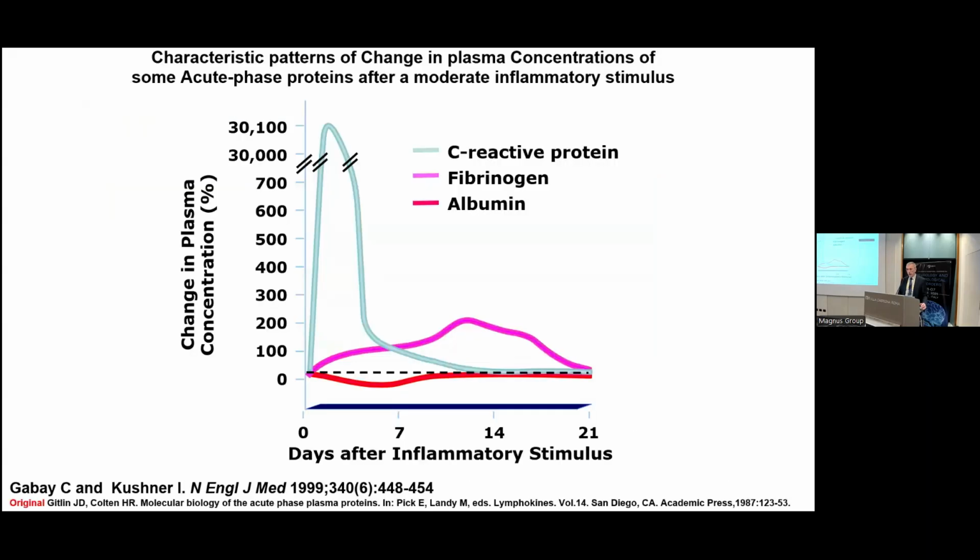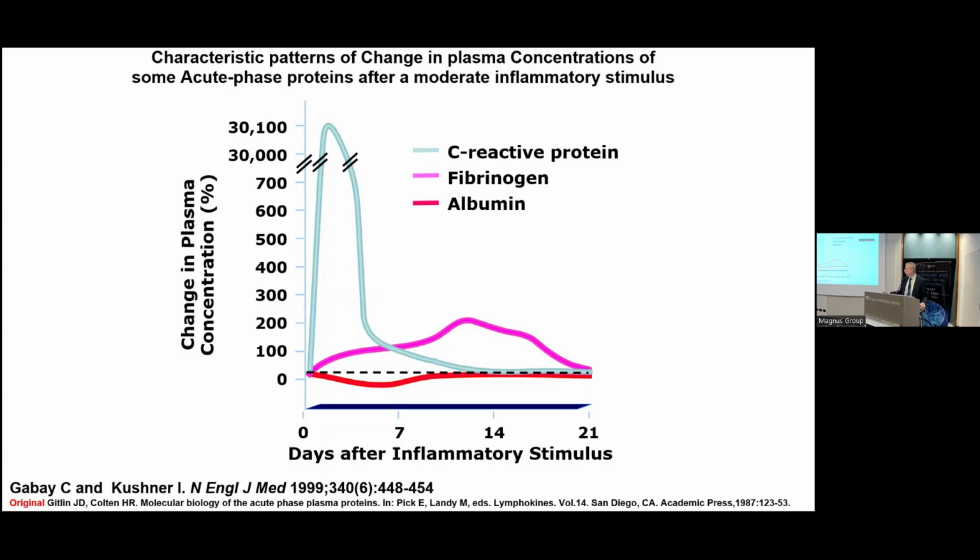During inflammation, you know that C-reactive protein, which is a very good marker of inflammation, shoots up and increases quite high, but when inflammation subsides, it decreases drastically and very fast.